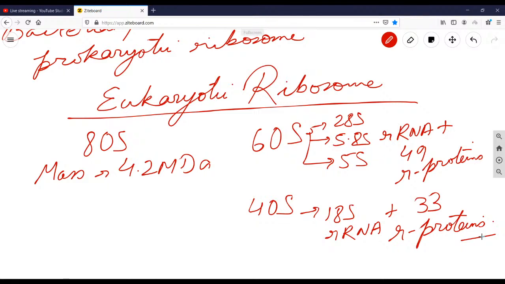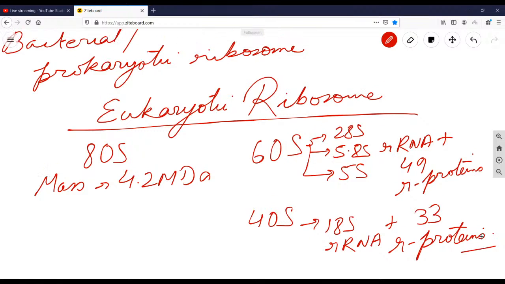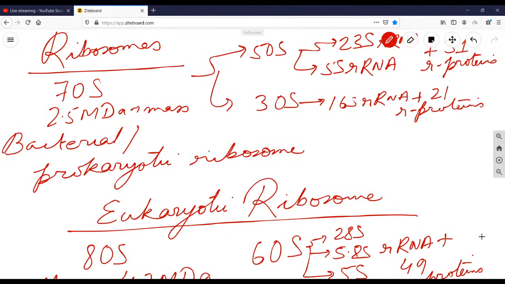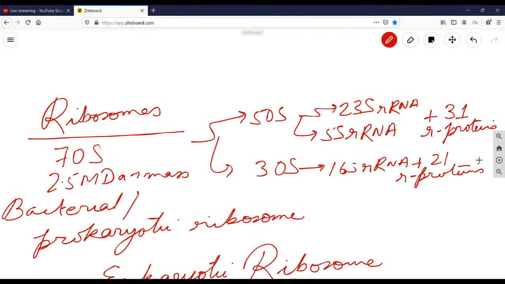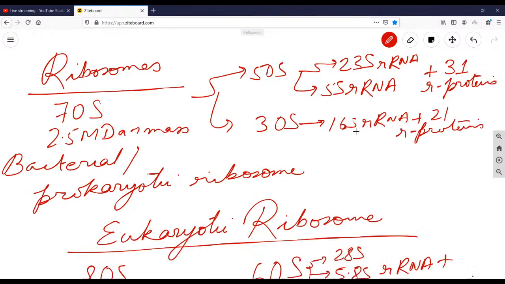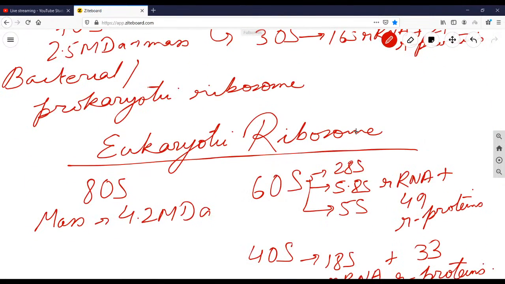60 plus 40 here, there 50 plus 30. Here the sedimentation coefficient is 80, there it is 70, right? And there it has 23S plus 5S. This 5S is coded by the RNA polymerase, you can say this 5S, not that one. The eukaryotic 5S is coded by RNA polymerase 3, which also codes for tRNA, whereas prokaryotes have only one RNA polymerase, right?